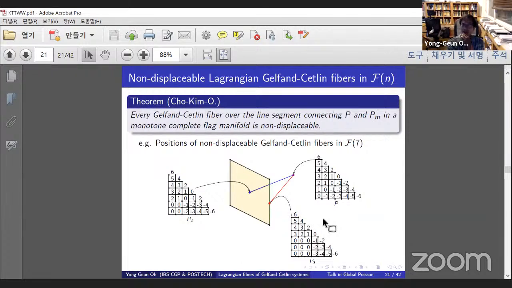And that particular example I showed you, F3, has a continuum family of Lagrangian tori coming from the interior fiber. It turns out this is not an accidental phenomenon. In fact, this is a universal phenomenon for the complete flag manifold. You look at any complete flag manifold Fn, and there is a similar continuum family. Okay.